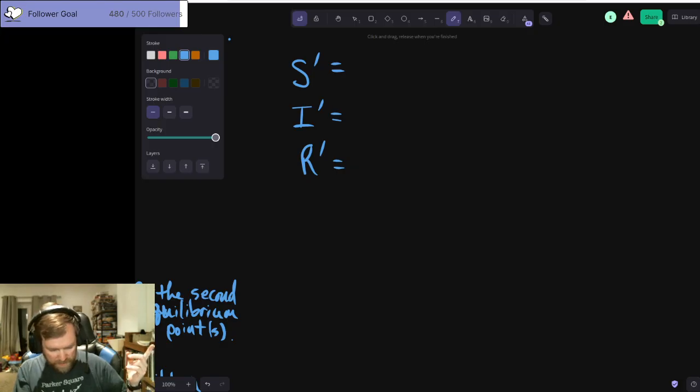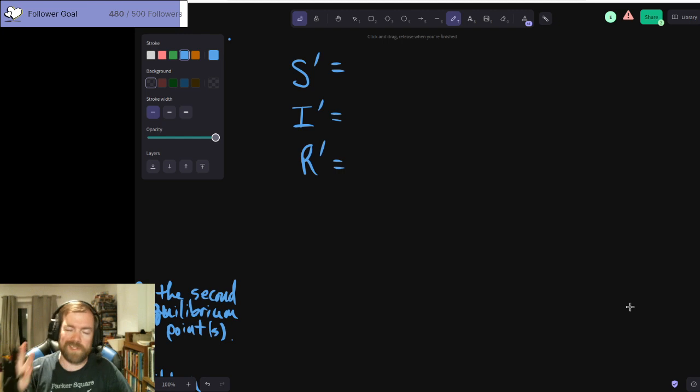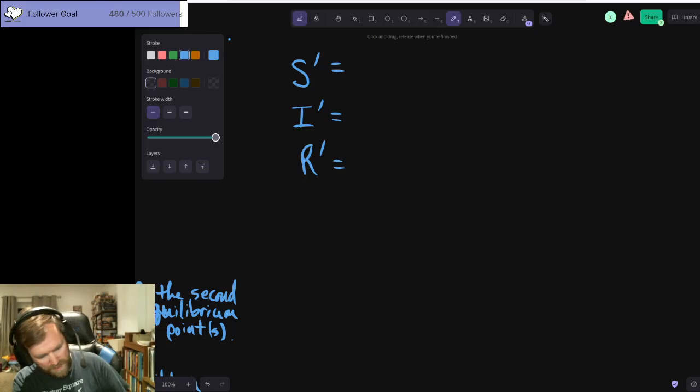S is the number of susceptible individuals within a population, infected is I, and recovered is R. Recovered does, in fact, include those who have passed away from this particular disease, because once they're unable to pass on the disease, they technically join the R queue, as odd as that might be.